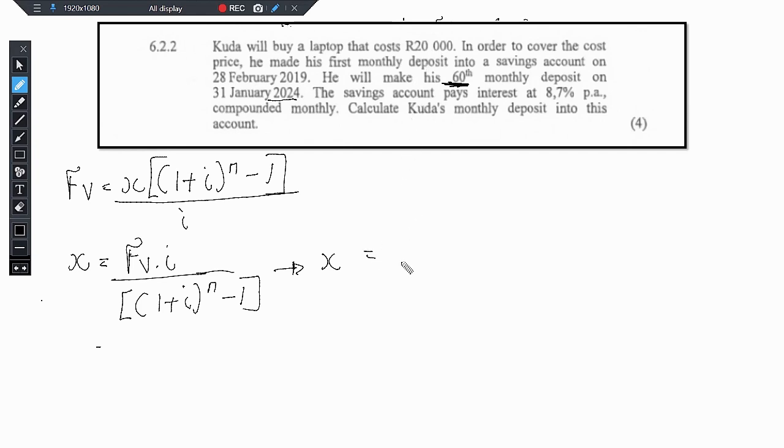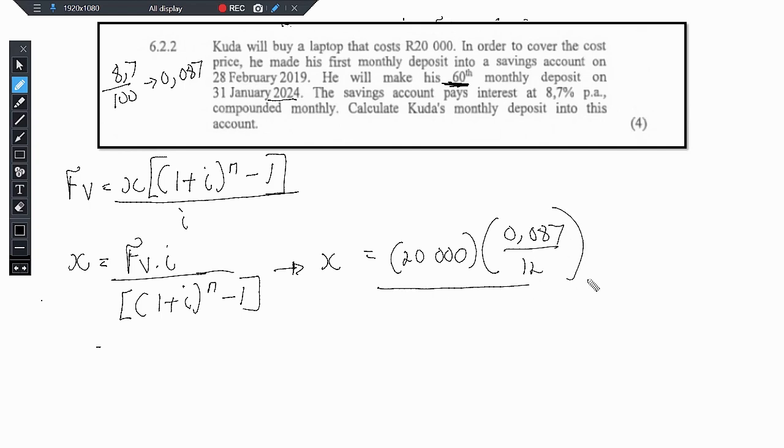Our future value, 20,000. Our interest, 8.7. So that's 8.7 over 100, which will give us 0.087. So 0.087 over 12, compounded monthly, right? Then we have 1 plus 0.087 over 12, then to the exponent of 60.